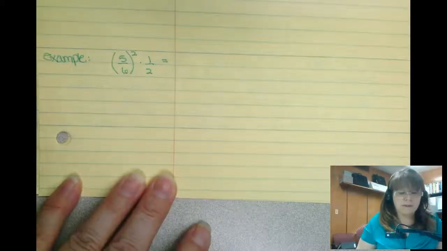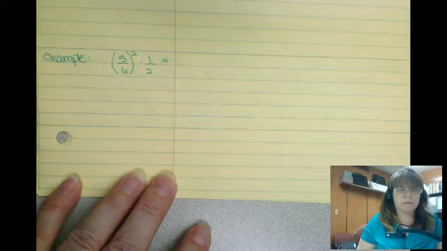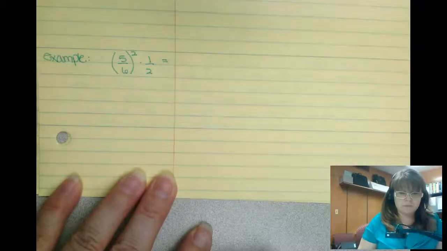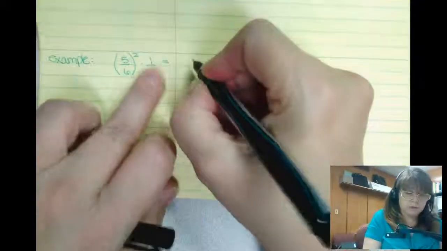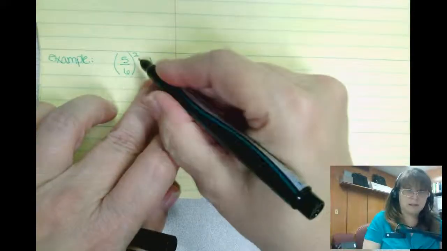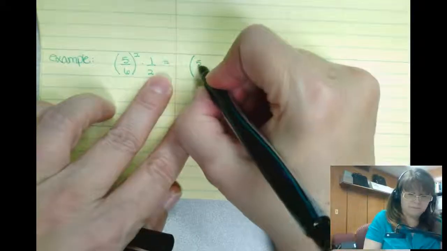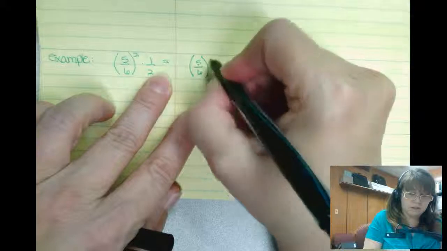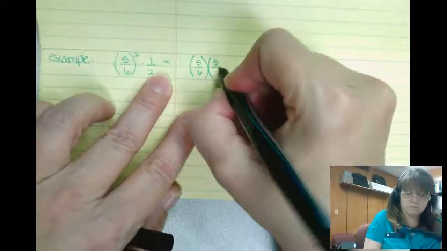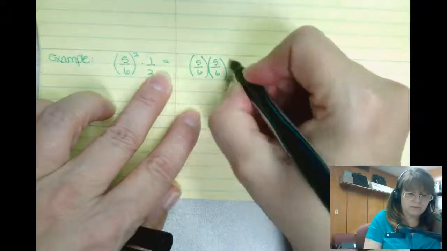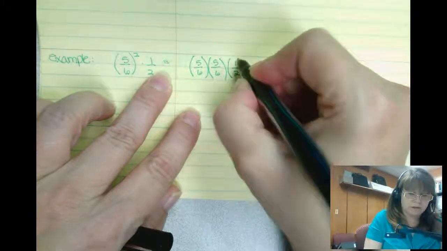Alright, so now we have 5/6 squared times 1/2. Again, I'm going to rewrite the problem and expand the squaring. Now, if you don't need to, then that's fine. I just want to emphasize what I'm doing here.